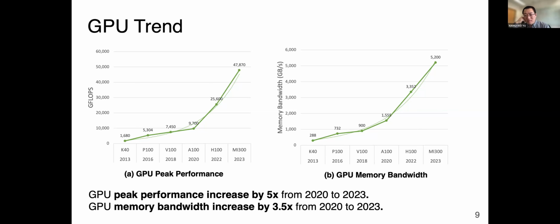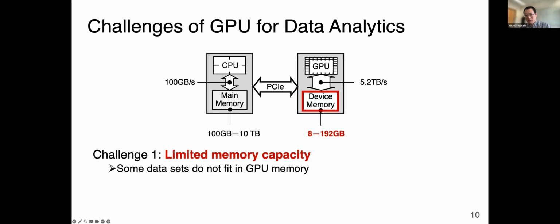Okay, so although GPU has really high computational power and memory bandwidth, there are also some challenges to run data analytics on GPU. The first challenge is that the GPU has very limited memory capacity. While CPU memory can be hundreds of gigabytes or even terabytes, the largest single GPU device has less than 200 gigabytes of memory.